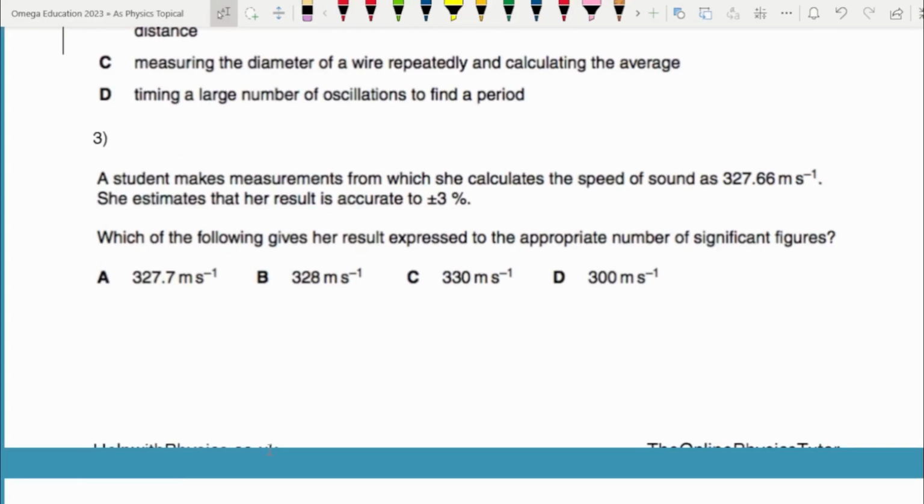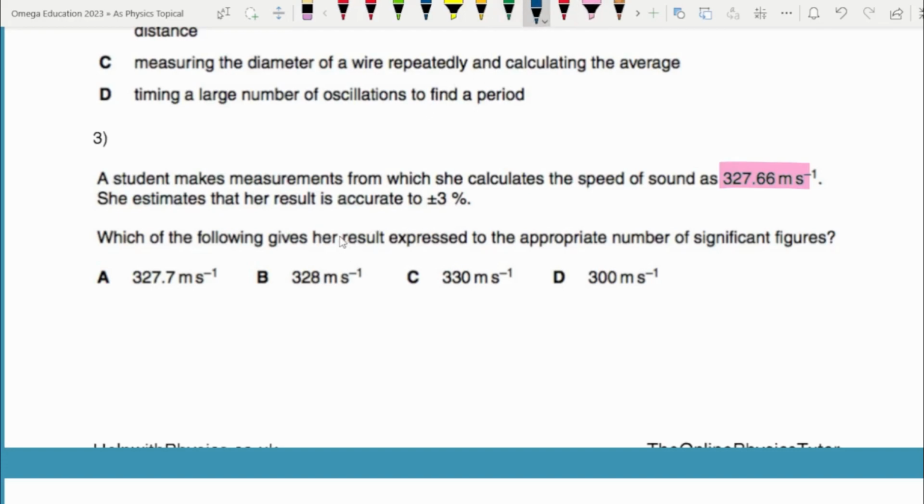A student makes measurements for which she calculates the speed of sound as 327.66 meters per second. She estimates that her result is accurate to plus minus 3%. Which of the following gives her result expressed to an appropriate number of significant figures?